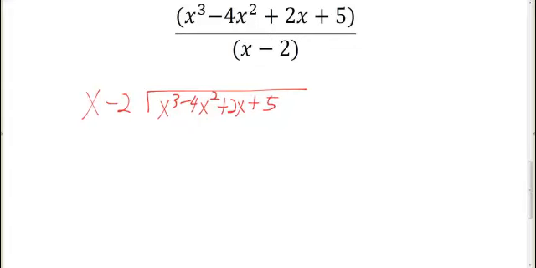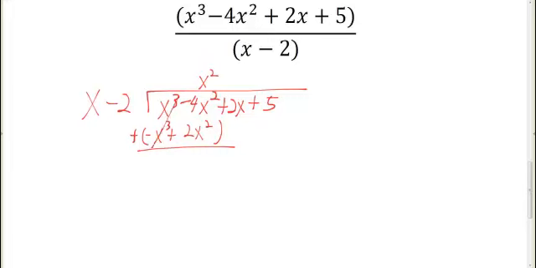And so we'll ask ourselves x times what equals x cubed, which is x squared. So we'll multiply out, getting x cubed minus 2x squared. And remember, guys, the way we multiply out is that distribution. And we'll subtract it with that parentheses around it, change the signs, make that minus into a plus as a reminder that we did it. Cross that out, giving us 0.